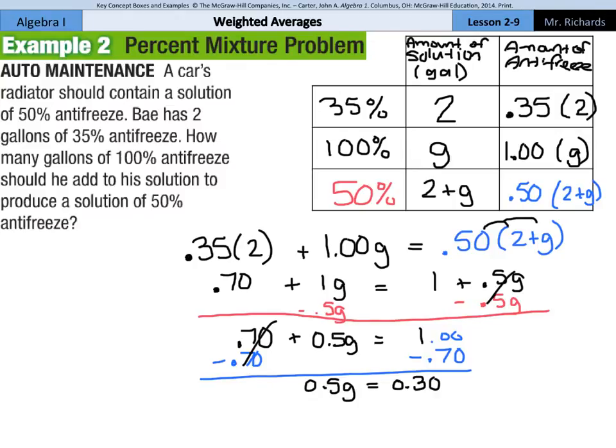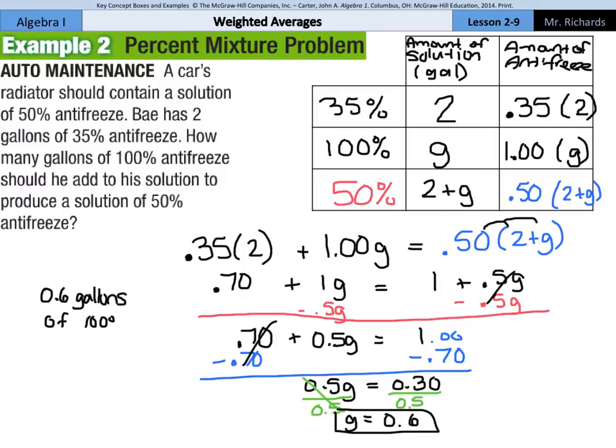Lastly, divide by the 5/10 from both sides. And G is going to equal 0.6, or 6/10. So what this tells you is I should add 6/10 gallons of the 100% antifreeze to produce that 50% solution.